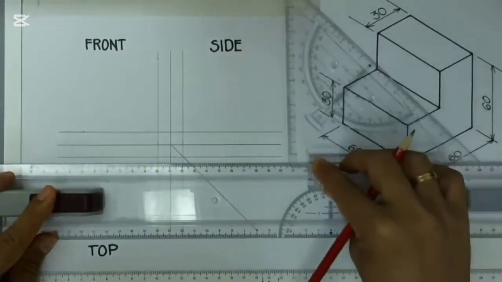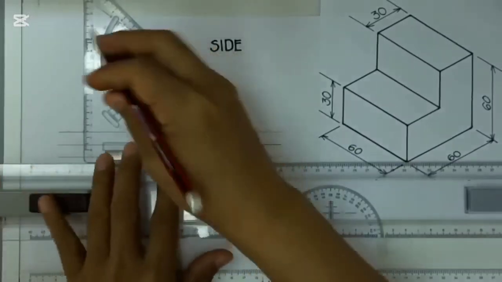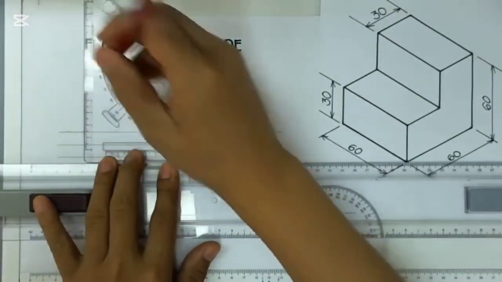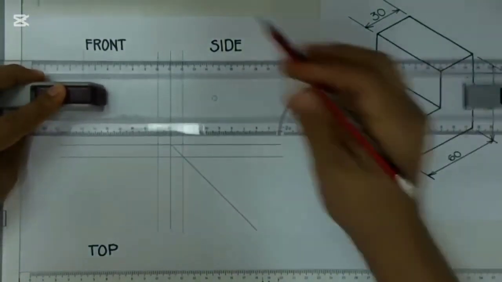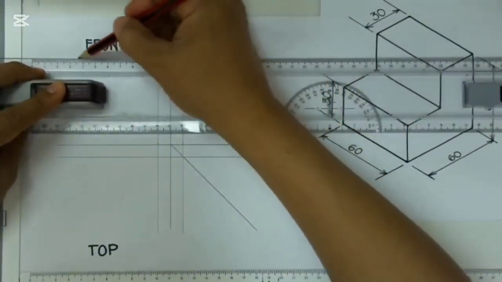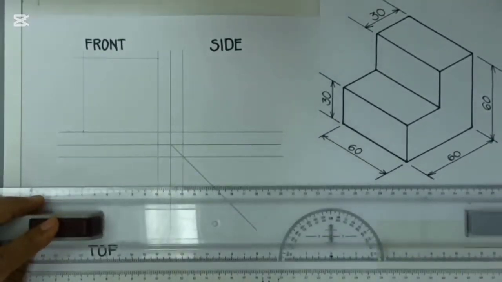And then what I want to do is to project all these points going up and horizontal. Remember to use light lines only.